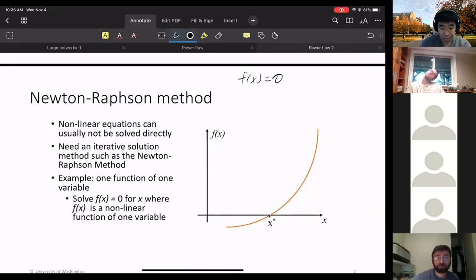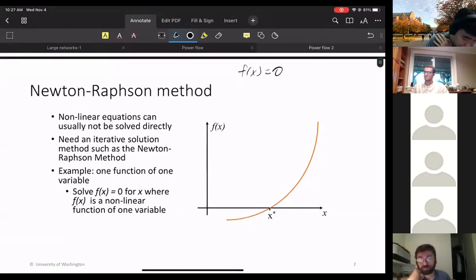The idea with nonlinear equations is that normally we don't have a closed form formula. By closed form formula, we mean a formula that can be evaluated using elementary functions. We typically don't have that. There's no easy way to get that.